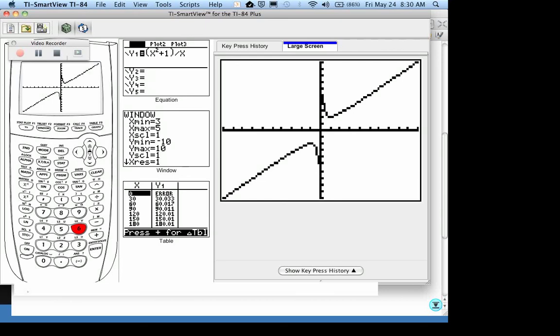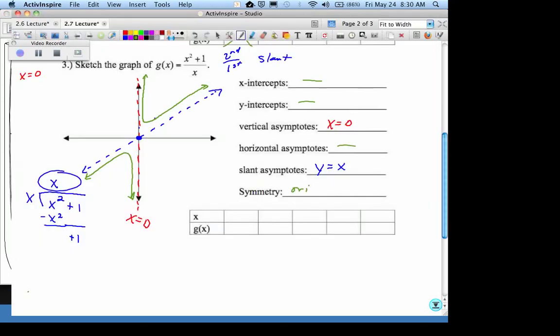Yeah. So we have symmetry about the origin. If I flop it over here, right? So if I fold on the vertical axis, it would land there. Now if I take my dotted line and fold it down, the second fold, it would land on that one.